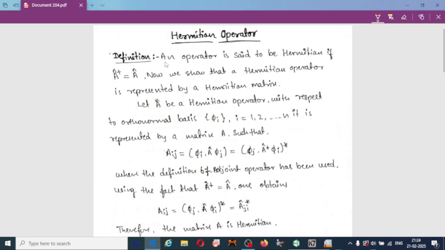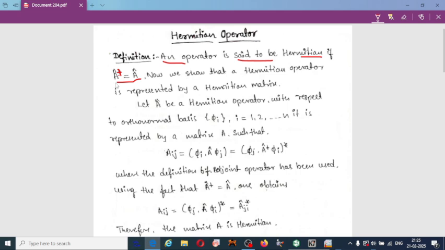So what is a Hermitian operator then? An operator is said to be Hermitian if A cap adjoint, this plus symbol is nothing but adjoint, or dagger as we also call it, is equal to A cap.